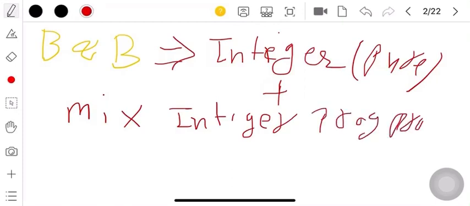So it is used to solve pure integer programming problem and mixed integer programming problem.